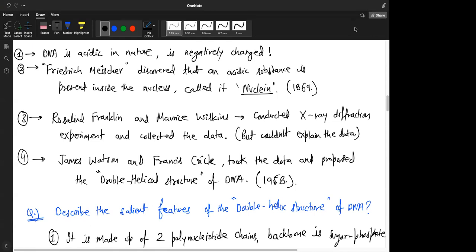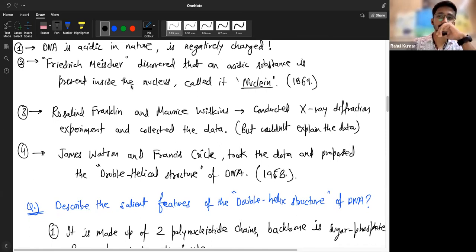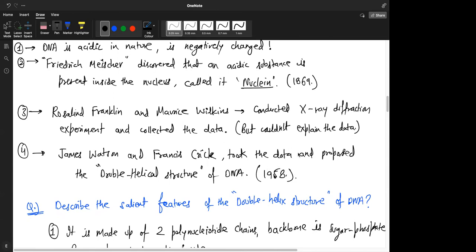Then Rosalind Franklin and Maurice Wilkins conducted X-ray studies and collected the data, but they couldn't explain the data. Then in 1953, James Watson and Francis Crick took the data of the DNA, not the DNA itself, and proposed the double helix structure of DNA.